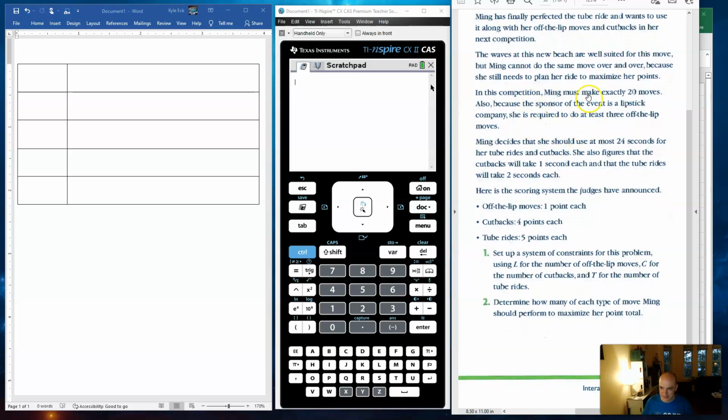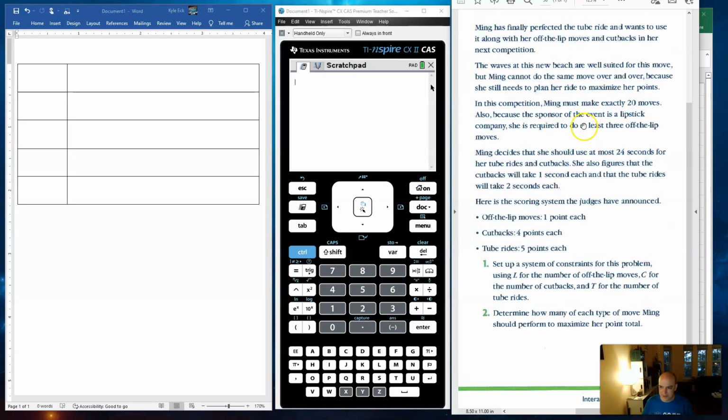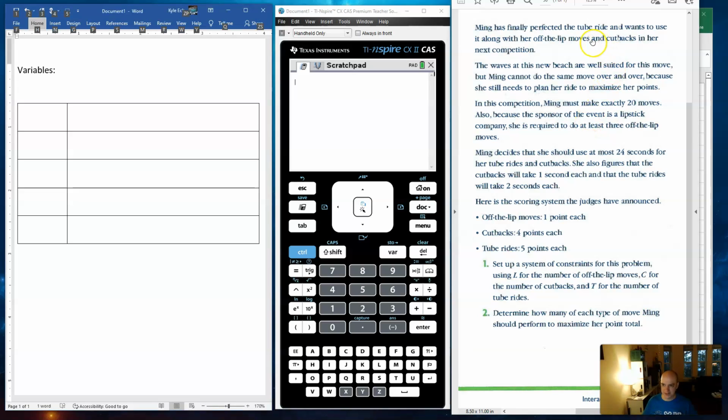In this competition, Ming must make exactly 20 moves. Also, because the sponsor of the event is a lipstick company, she is required to do at least 3 off-the-lip moves. So this feels like we're getting actually 2 constraints right here. Before we get to constraints, we should define some variables, and it appears that she's doing 3 kinds of moves. It looks like from the first paragraph that she's doing 2 brides, off the lip, and cutbacks.